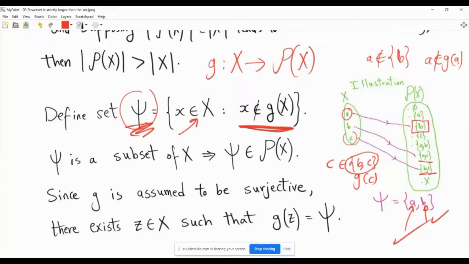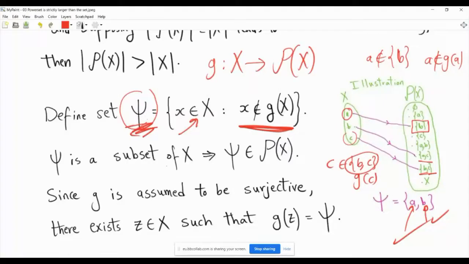So generally, for the general proof, it's as if we sweep through all elements in X, and each element is mapped to some element in the power set. And what are the elements of the power set? The subsets of X. So we examine, is X in G of X? If it is there, then it is not an element of psi. If it is not in G of X, then we have it in psi.